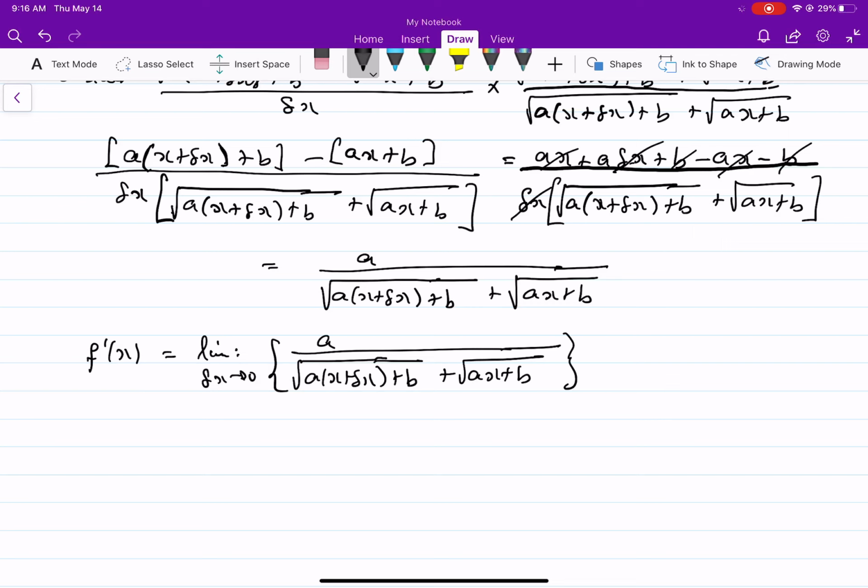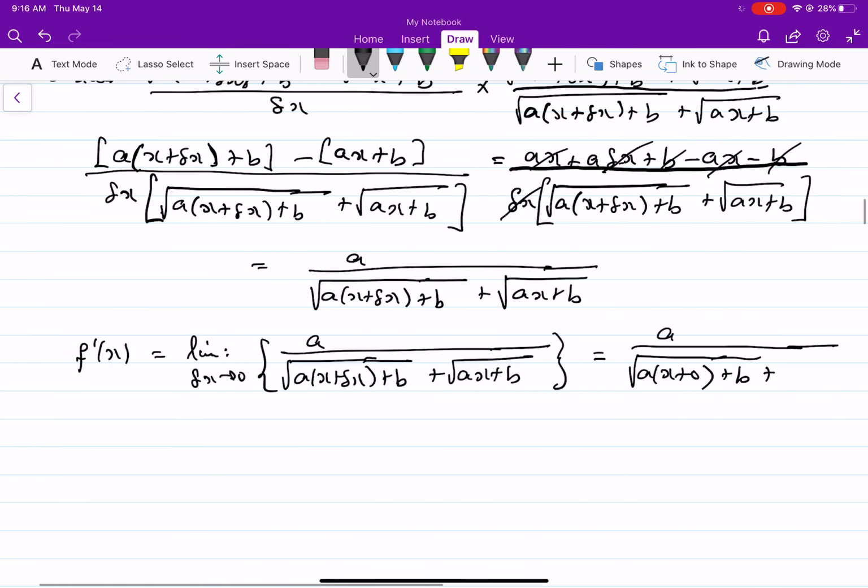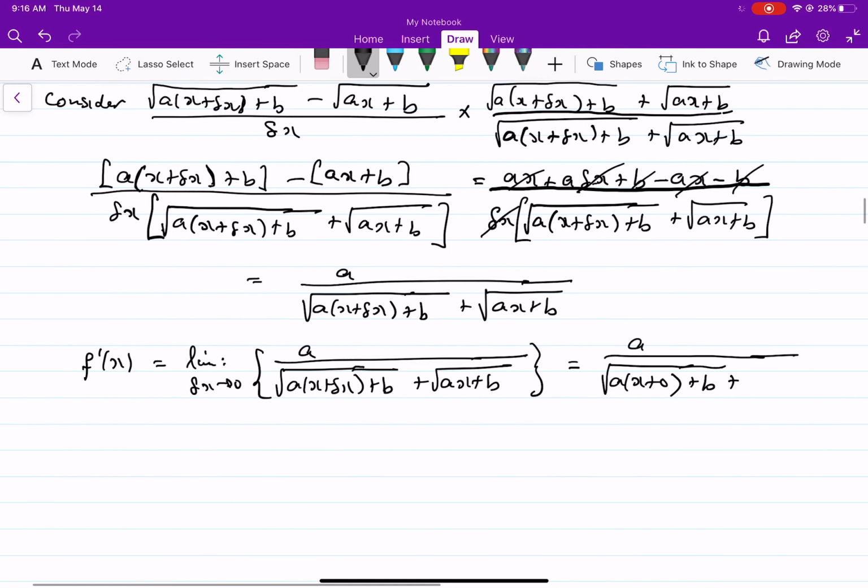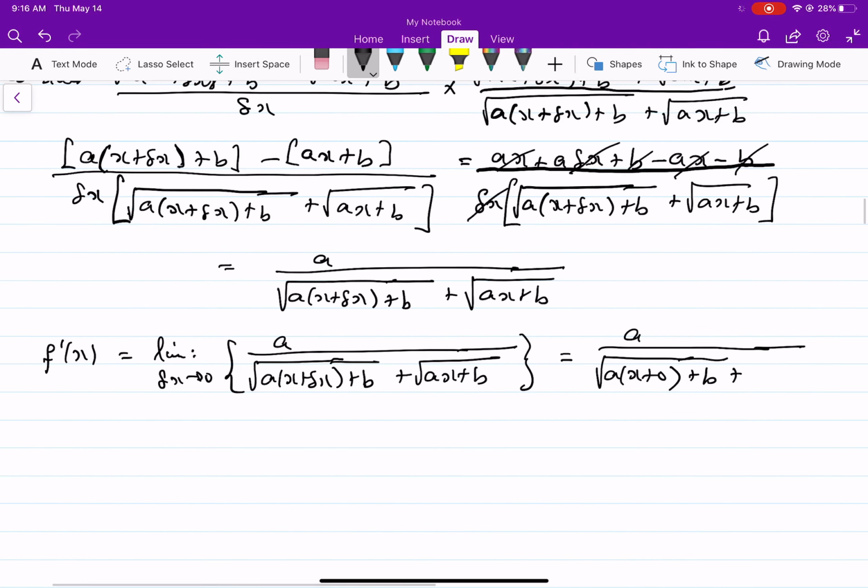And if I put delta x equals 0 now, I'm actually finding the limit. A stays on top. On the bottom, it'll be the root of a into x plus 0. Remember, I'm putting 0 where I see delta x, plus b plus the root of ax plus b.